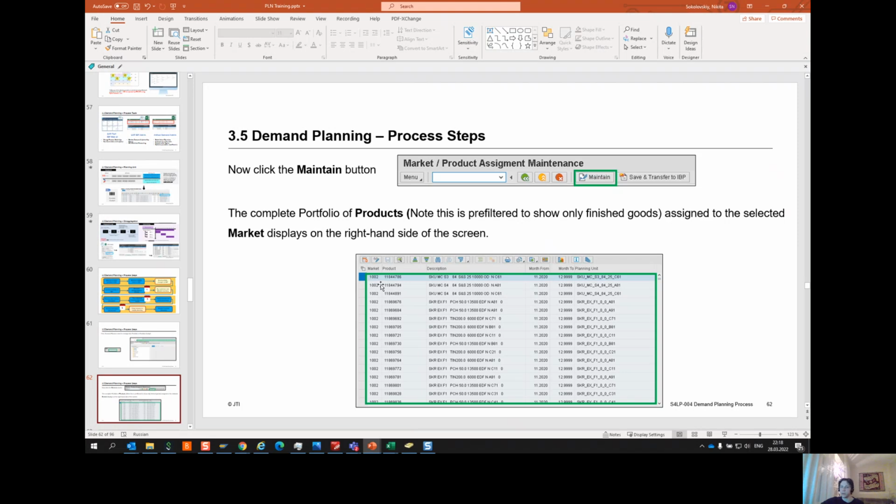The information comes from SAP, of course, but from the BW part of SAP, because Portfolio Cockpit is connected with BW, not with S/4, right? And again, they see the whole set of products for a specific market with the validity dates. And they see the names of planning units as well.